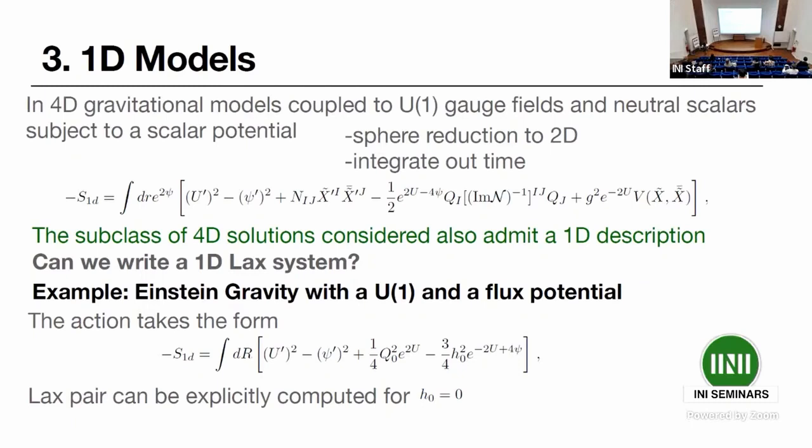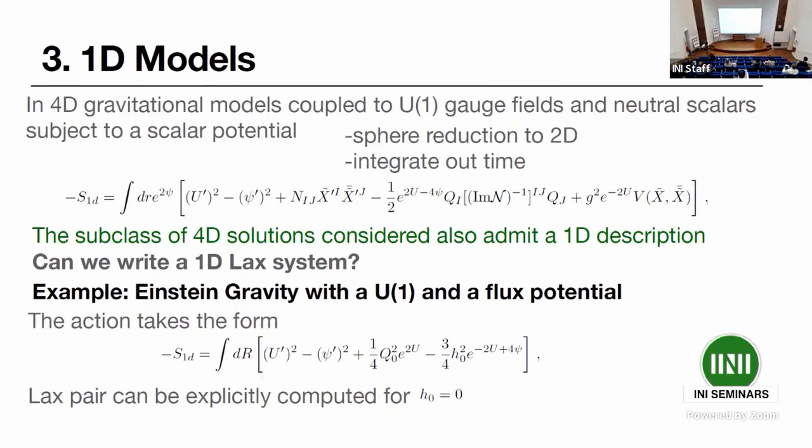We can allow for electric and magnetic charges, and then we're going to pick terms of this particular form. And this guy over here is going to be the flux or the scalar potential that would be related to a four-dimensional one. So this just shows that indeed this subclass of four-dimensional solutions admit also a one-dimensional description.